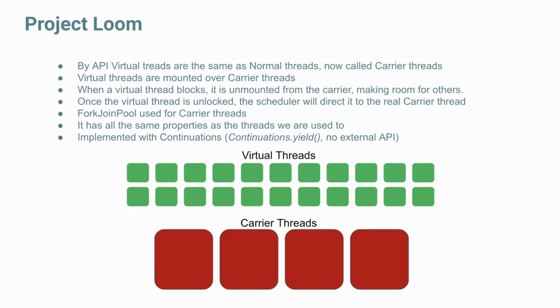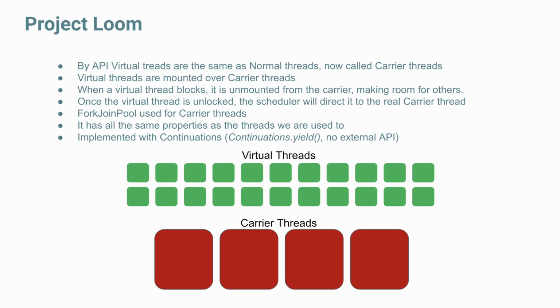Whenever this I/O or other blocking operation is over, the virtual thread is unblocked. The scheduler will try to find a suitable carrier thread and mount it back on it. For this, the fork join pool is used with work stealing for carrier threads, and that actually makes a lot of magic, and that makes them so cool and optimal.